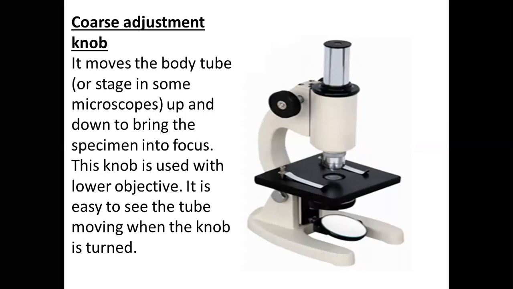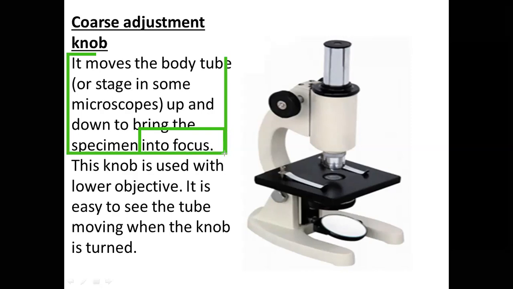Reason: it's the one that will move the body tube up and down into larger distances, bringing the specimen into focus. Nowadays, even the books are saying bringing the specimen into rough focus, but we say into focus.